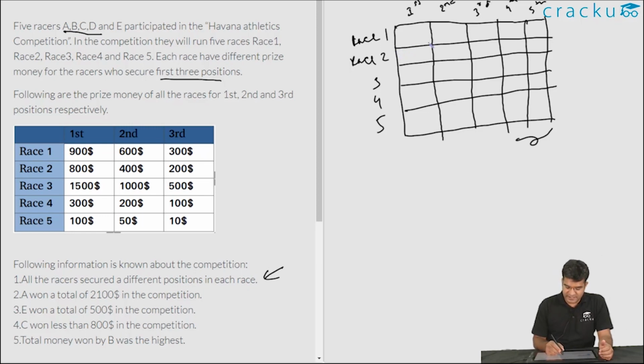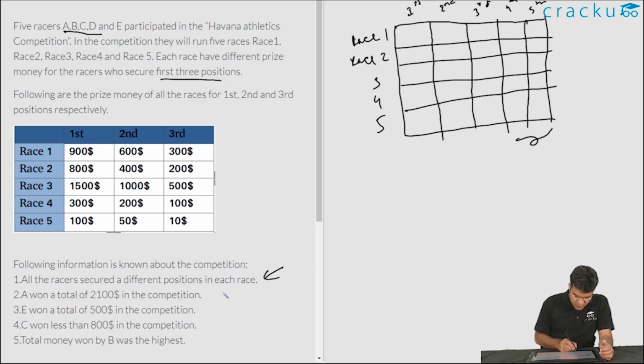So that would mean that if a name has been inputted here, something like say A, none of the columns that are given below have A, because A comes first only once, and because A has come first in this race, he wouldn't occur anywhere in this race. So there will be no duplication either in a row or in a column. This is an important thing to remember.